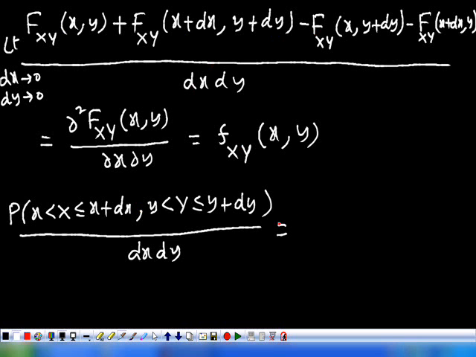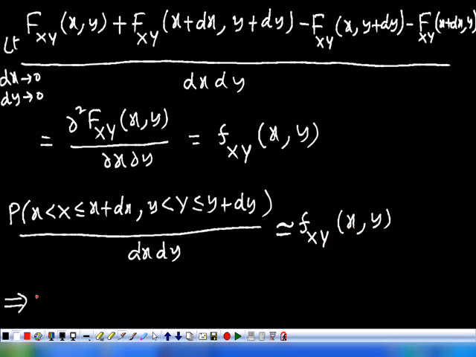So can I write this as approximately equivalent to fxy of x comma y? Is it right? I am using this equation. The numerator here is the probability of this and this.